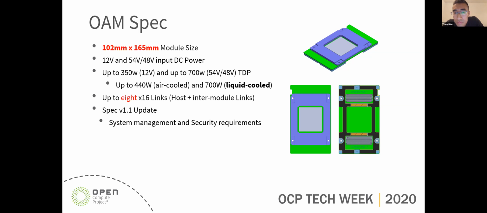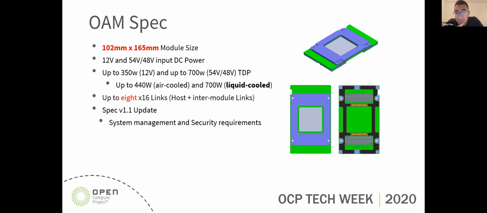The spec defines the accelerator package, form factor, connector pin map, power and thermal design at different power envelopes, such as modules with 12 volt and 48 volt inputs, modules designed with air cooled and liquid cooled, mechanical structural for card implementation, as well as the interconnection topologies, including detailed port and link configurations and the routing segments.